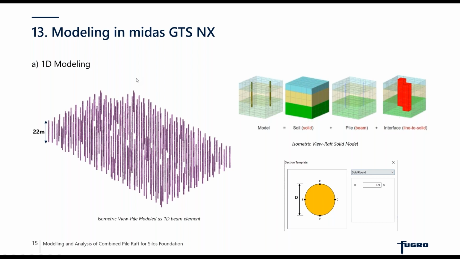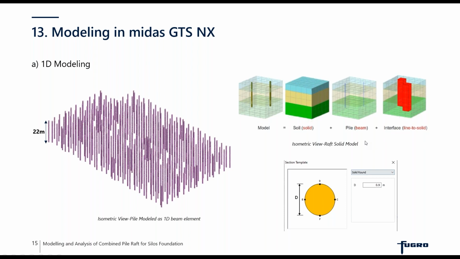Moving on to the pile modeling. The piles were initially designed, as I told you, based on the ultimate capacity criteria, with a length of 22 meters and a diameter of 0.9 meter, which is a circular pile. The piles were modeled as 1D elements, and the interaction between the soil and pile was defined using an interface element.